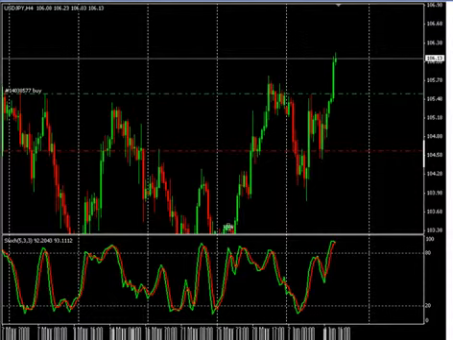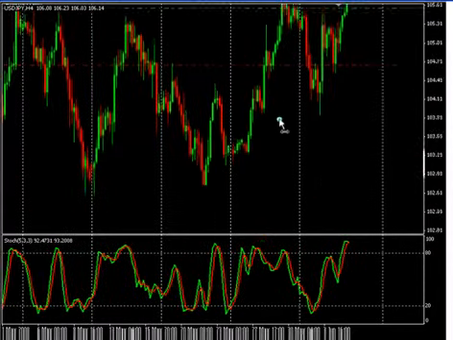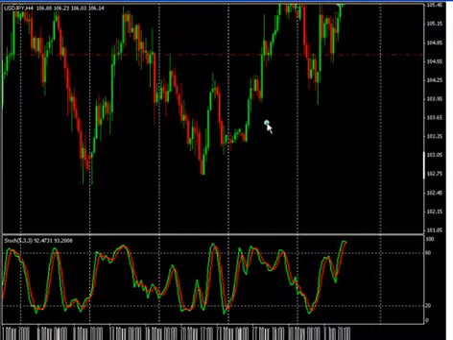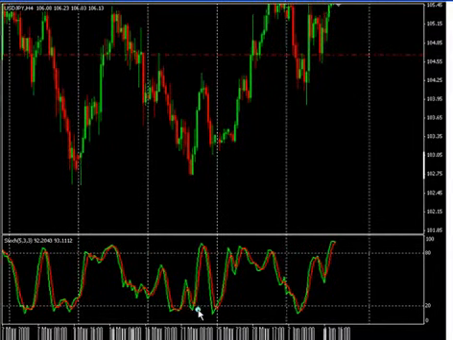So what we have here is a stochastics on a 4-hour chart. If we look at the 4-hour chart, one of the ways of trading the stochastics is having a stochastics cross where the fast line, which in this case is the green line, it always is faster than the other line, so it's pretty easy to see which line it is.